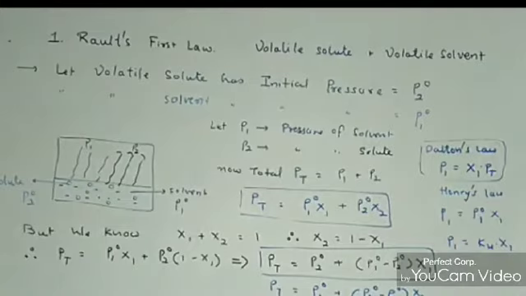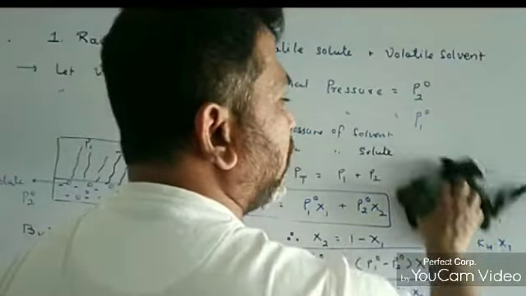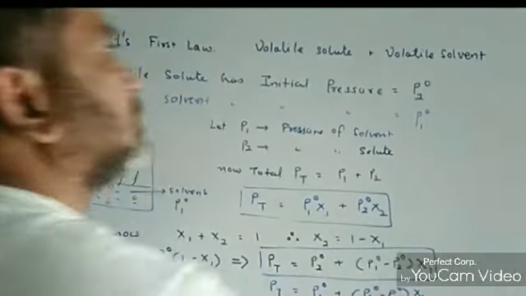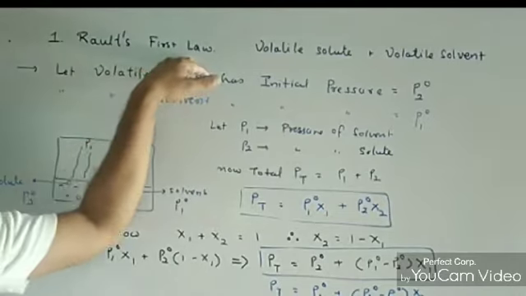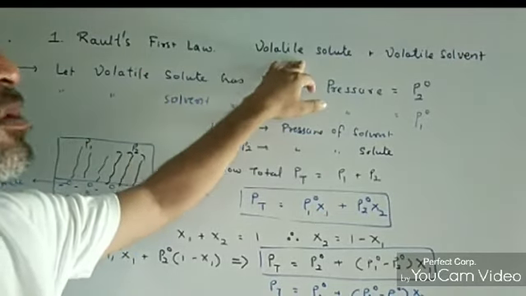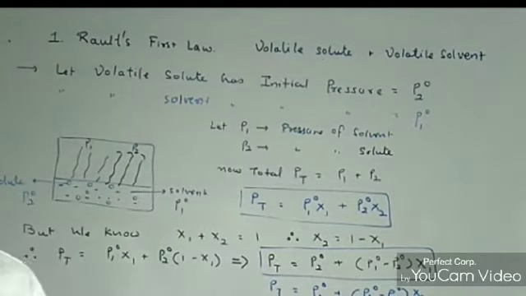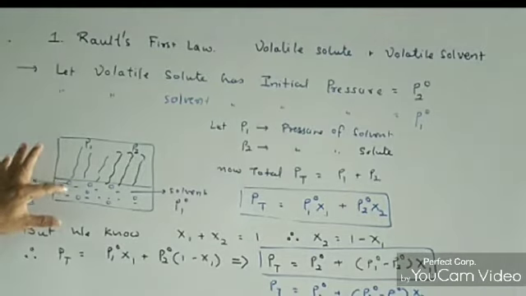Now, using this, we can derive Raoult's first law. Raoult's first law is given for a volatile solute and volatile solvent. Now both are volatile. Check out this figure.